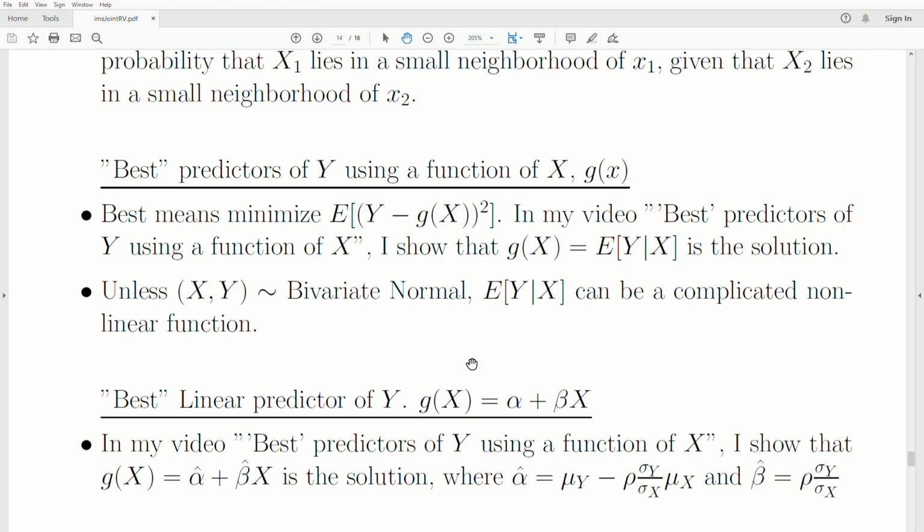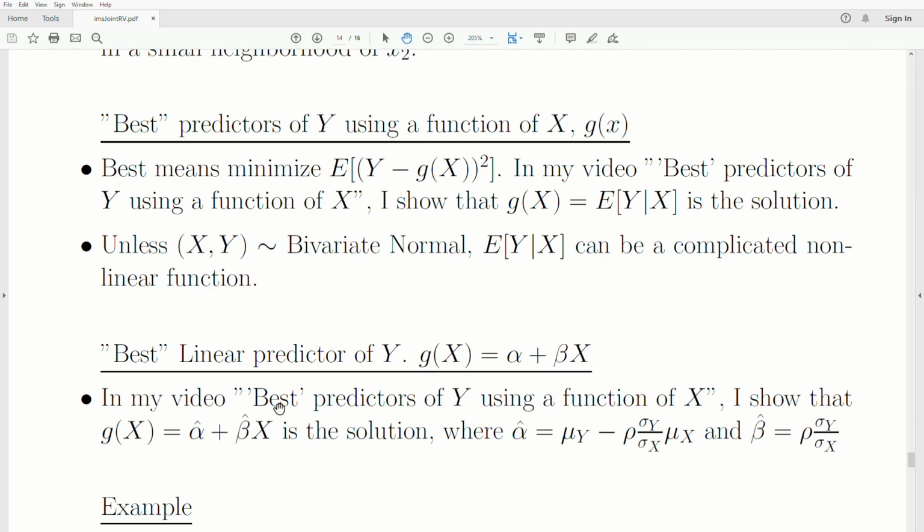We restrict our g of x to be a line. It's a linear predictor. So the best linear predictor of y, assuming we restrict g of x to be some sort of linear function of x, is this.